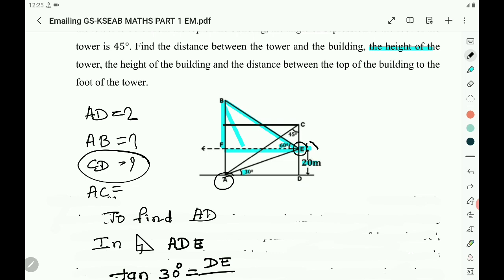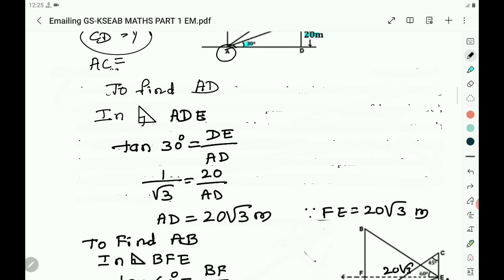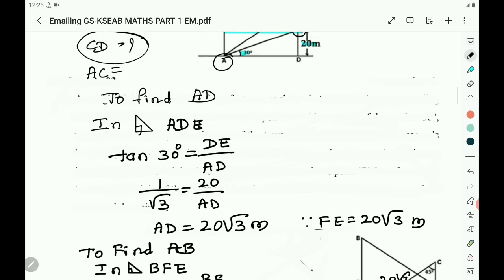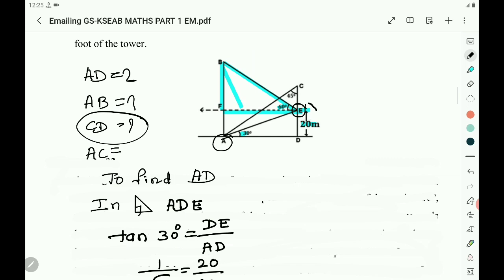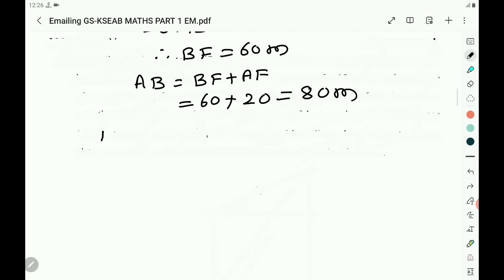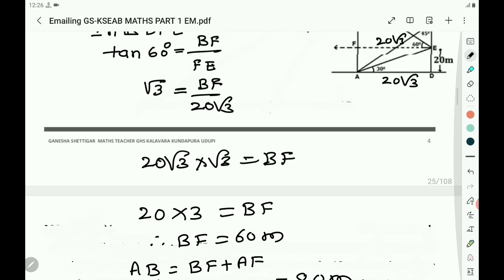Therefore, you can use the right angle triangle ADC. To find CD, which triangle we have to use?